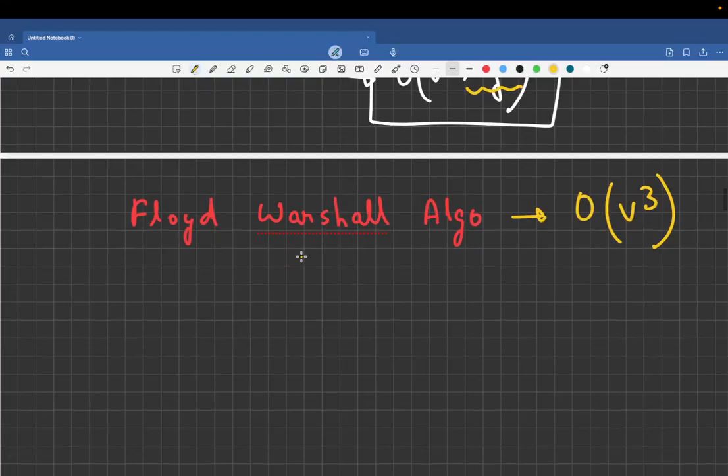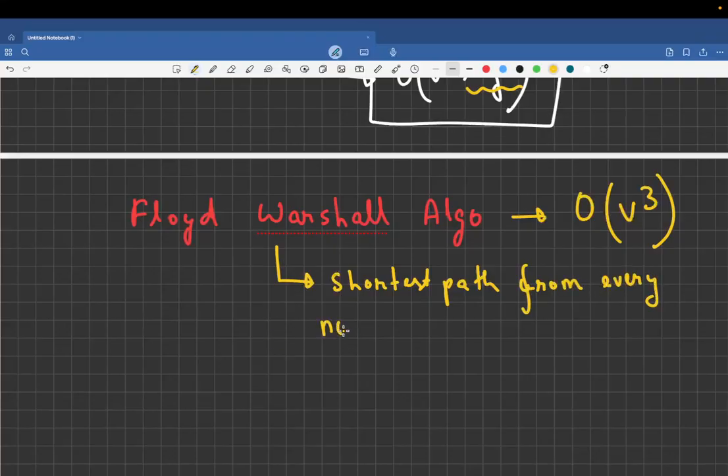So the thing that you need to remember is when to use the Floyd-Warshall algorithm: when you need the shortest path from every node to every other node.